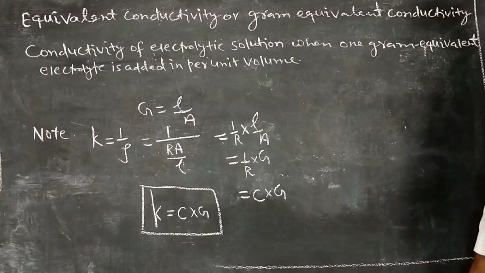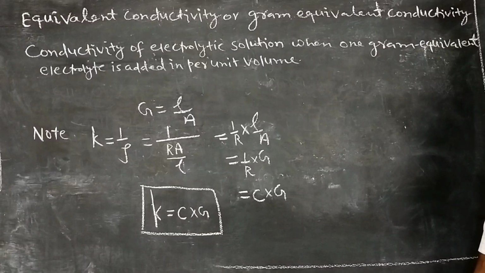For an acid, equivalent weight is equal to molar mass upon basicity. For a base, molar mass upon acidity.